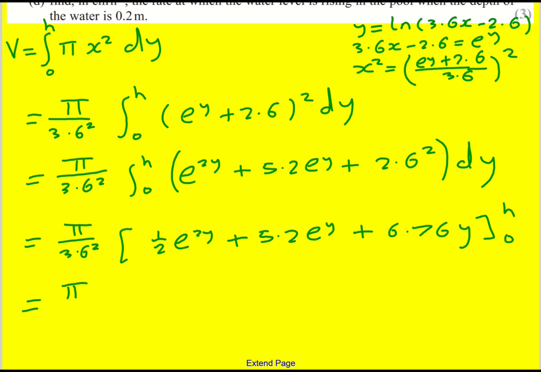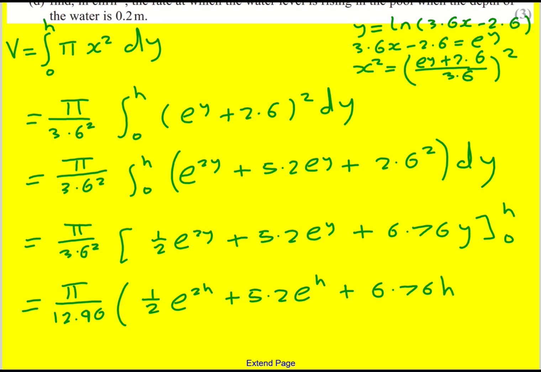Let's also find out 3.6 squared. I think in the mark scheme they might have even left it in terms of 3.6 squared, but let's say 12.96. Okay, and now I'm going to sub in h. So we'll get a half e to the 2h plus 5.2 e to the h plus 6.76h.